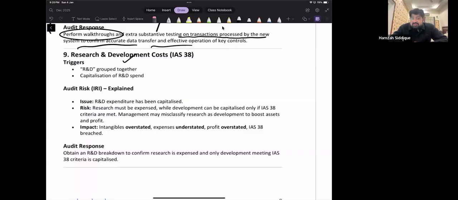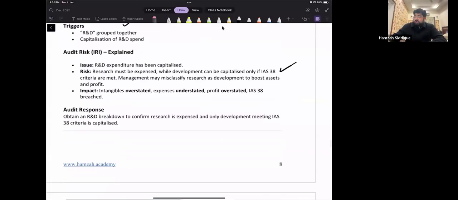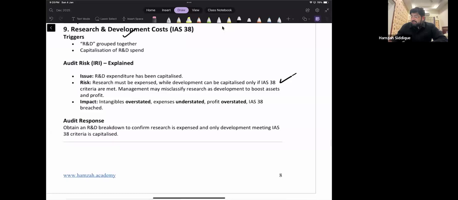Capitalize the criteria of IAS 38. May have capitalized research cost and may not meet the criteria, we have already explained it above as well. Now, you see here, issue.